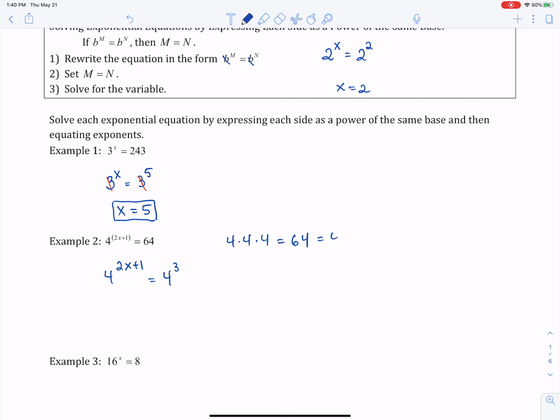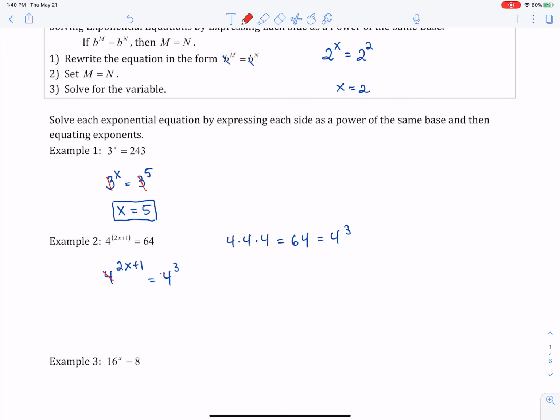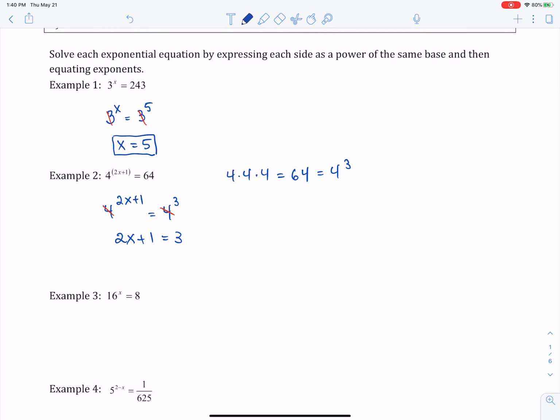Having that in mind, I'm going to drop the base and say 2x plus 1 needs to be equal to 3. And from here, we're going to solve an easy linear equation. Subtract 1 from both sides. 2x is equal to 3 minus 1, which is 2. Divide both sides by 2. x is equal to 1.